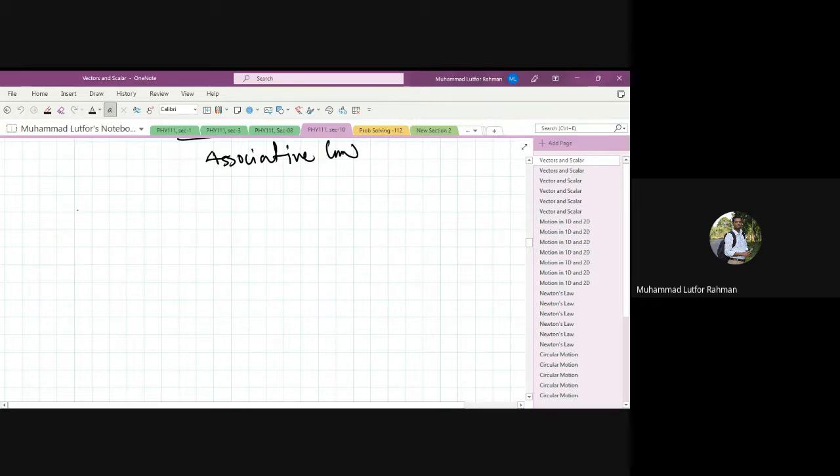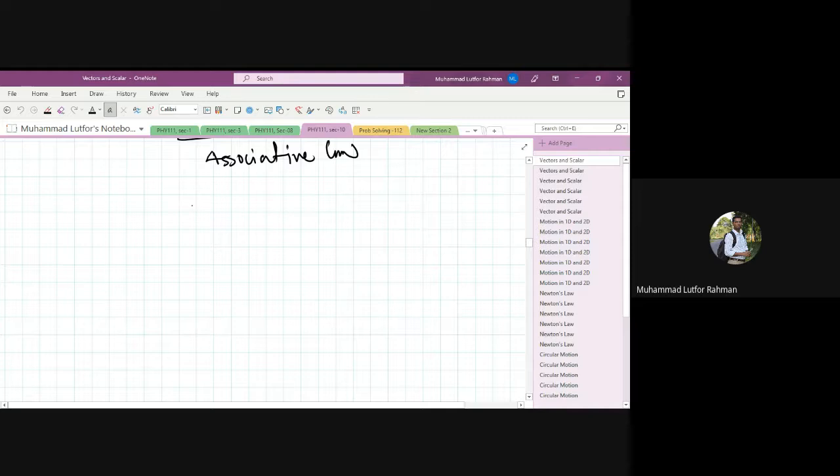In the previous class we discussed the graphical representation of the vector. Today we are going to talk about the mathematical representation. To express a vector mathematically, we need the idea of the unit vector.